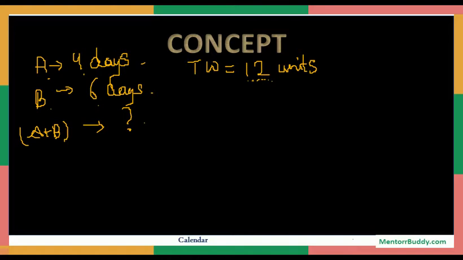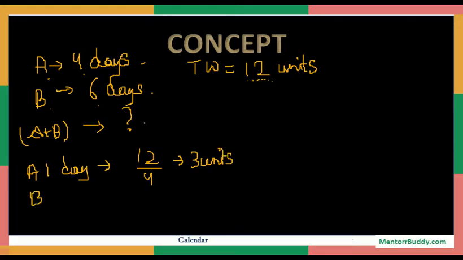Now, A in 4 days finishes 12 units of work, so definitely A in 1 day will finish 12 by 4, that is 3 units of work. Similarly, B in 6 days finishes 12 units of work, so B in 1 day will finish 12 by 6, that is 2 units of work.